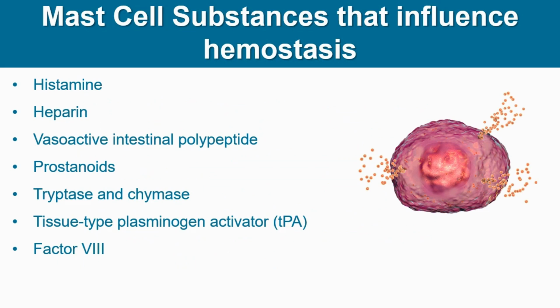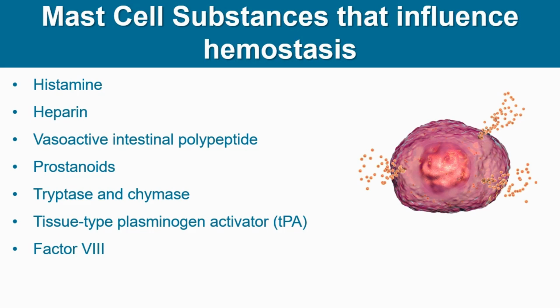So there's substances released by activated mast cells, which can affect blood clotting. And I like to just clarify that blood clotting and biofilm formation, they're shared mechanisms of action. So if you have this promotion of blood clots, you're going to have increased risk of biofilms because of the fibrin.